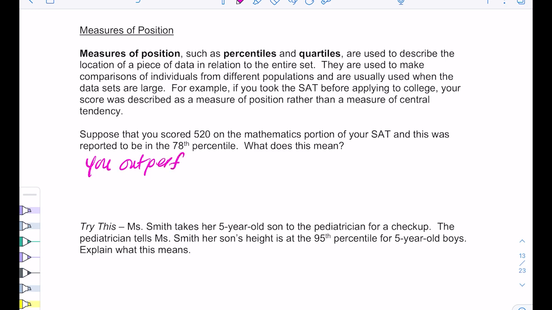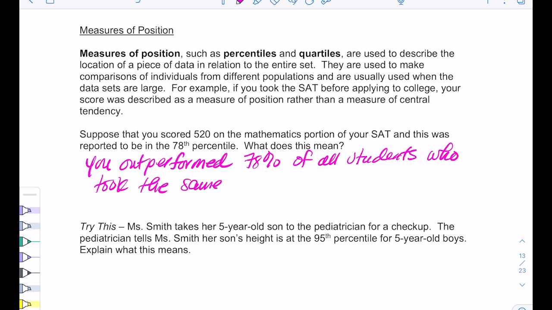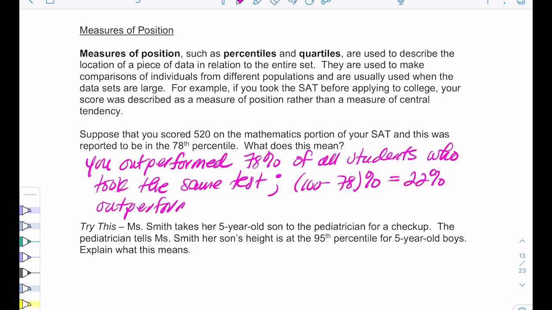So you did better than 78% of students who took the same exam. You can also say 100 minus 78%, or 22%, outperformed you. So they did better than you did.